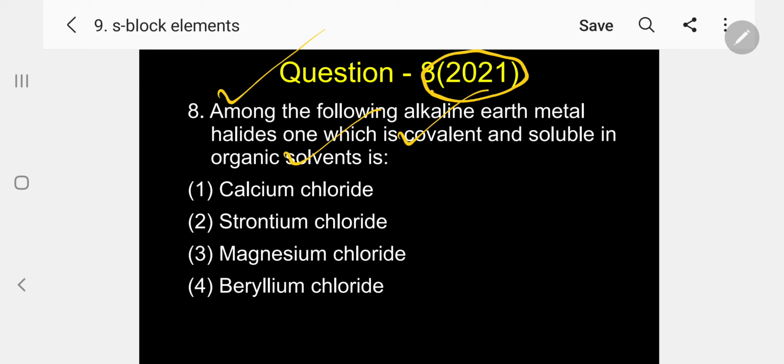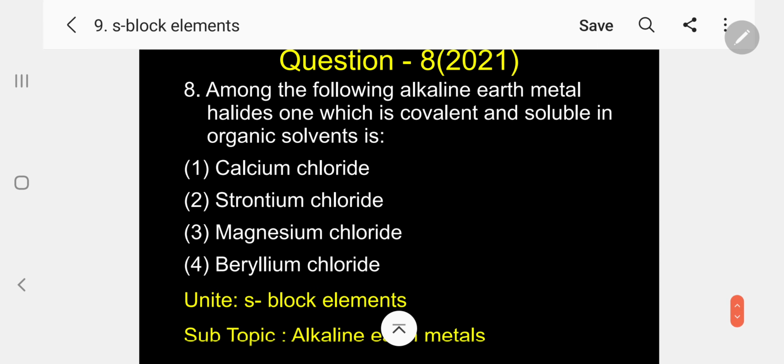A. Calcium chloride, strontium chloride, magnesium chloride, beryllium chloride. Unfortunately, again the question is only on alkaline earth metals. It is asked under the S block elements unit, specifically under alkaline earth metals, second group.